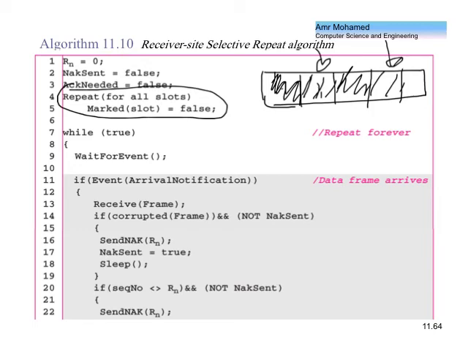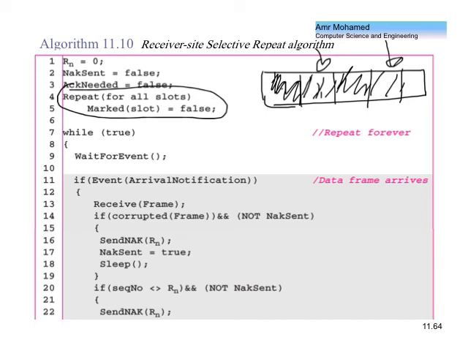So if the event is the arrival of new data, then I receive the frame. Then I ask myself, is this frame corrupted? And this is what we said, that in Go-Back-N, we didn't have to do anything because we always send things in order, and no matter what I do, the sender will have to go back from the beginning of the window anyway.